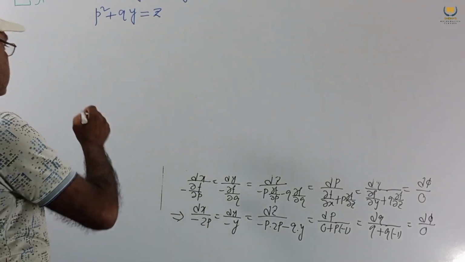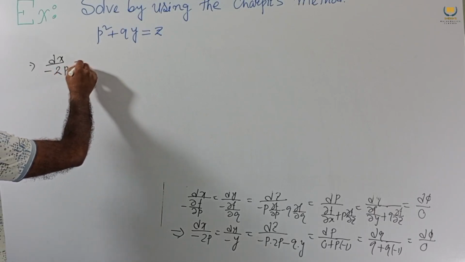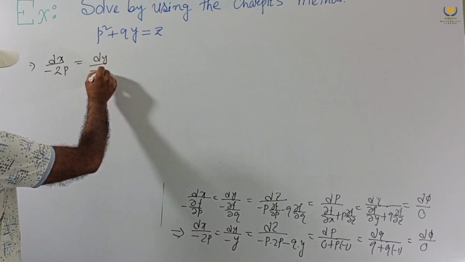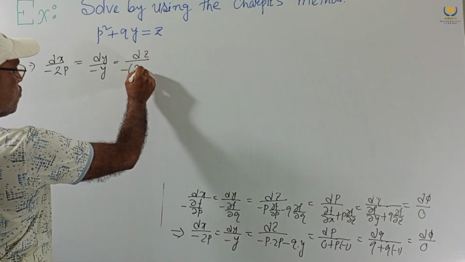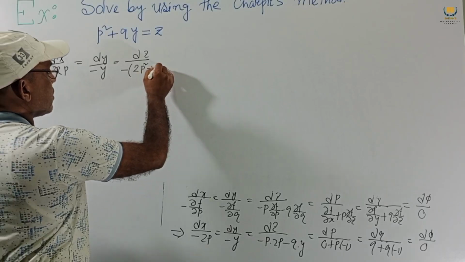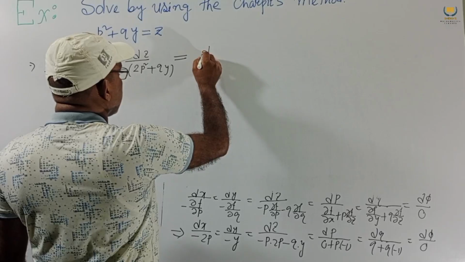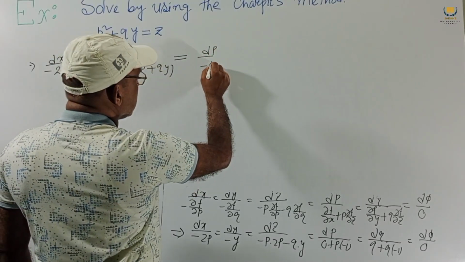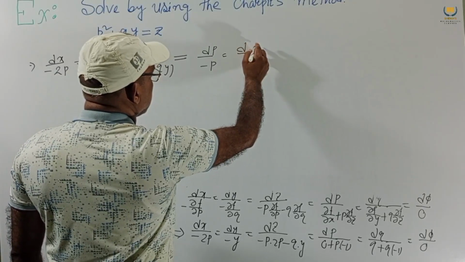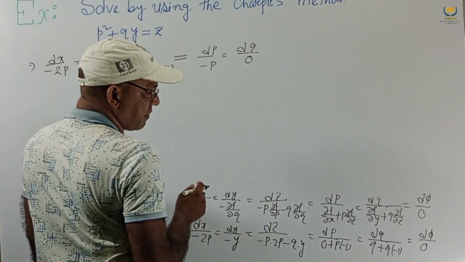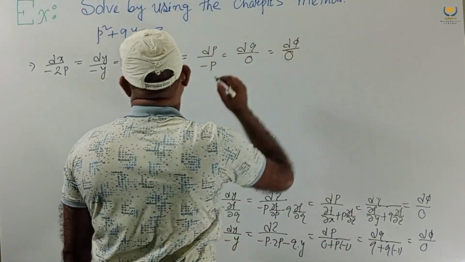Now we get dx by minus twice p, dy by minus y, dz by minus 2p square plus qy. If we take the minus sign common, dp by minus p, dq by 0, and d phi by 0.